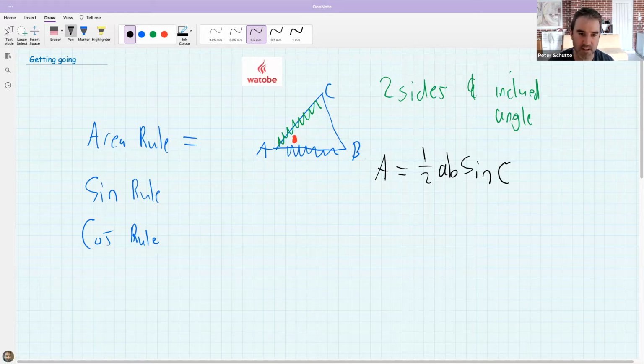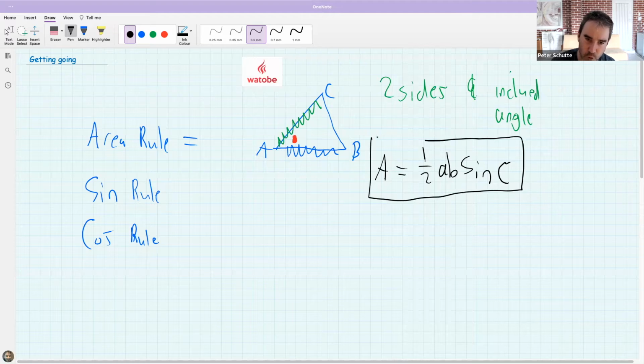You're going to see this formula come up in the lesson today. It allows us to find the area of any triangle if we've got two sides and an included angle.